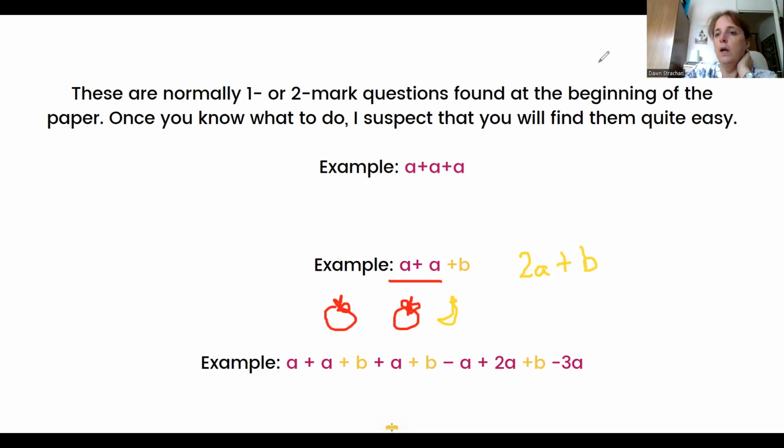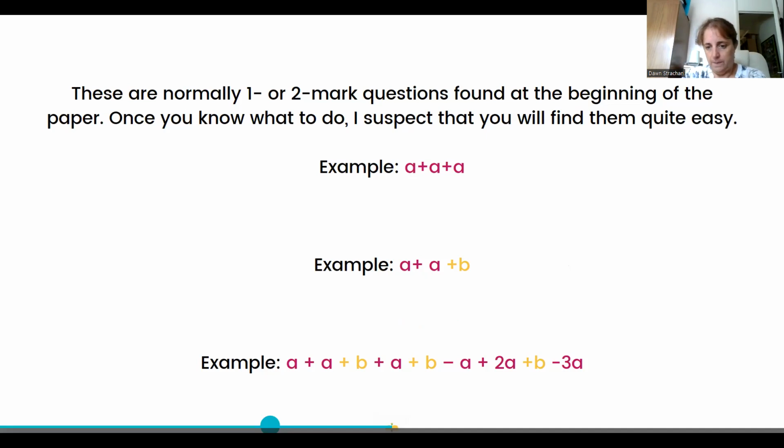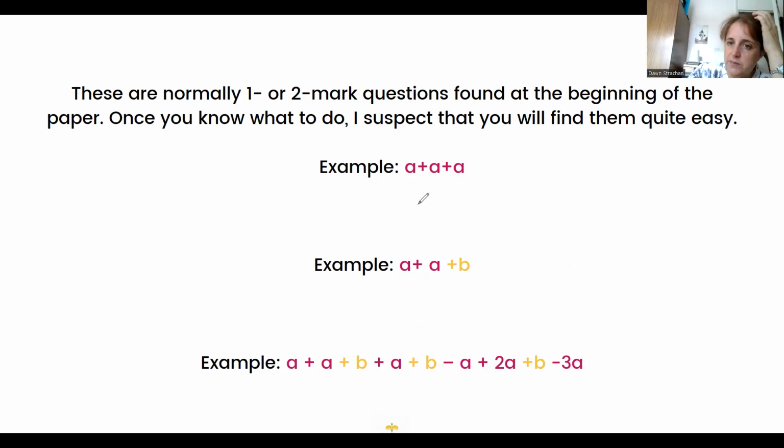Another way of looking at these is, you can see here I've got everything color coordinated, and it just makes it easier to see and to clump things, especially as the questions get longer like this. So for example, I've got an a, another a, a b, a minus a, a plus 2a, and a minus 3a.